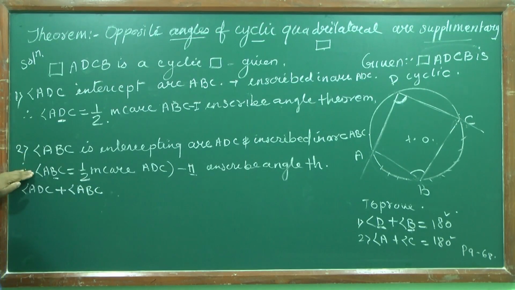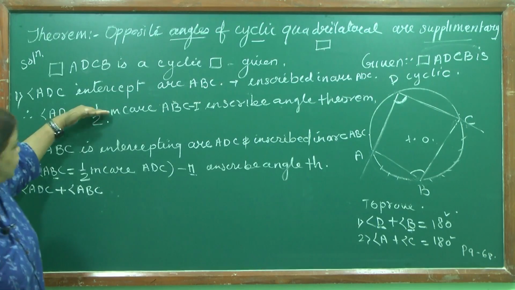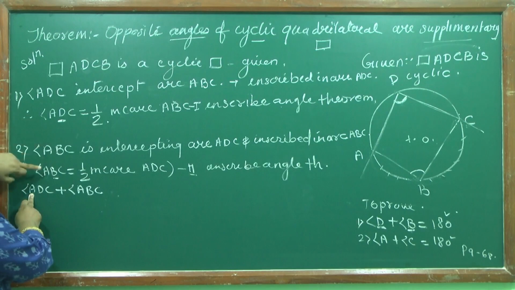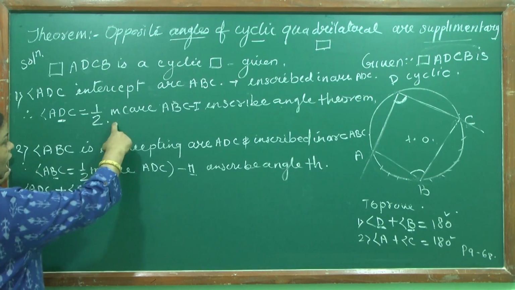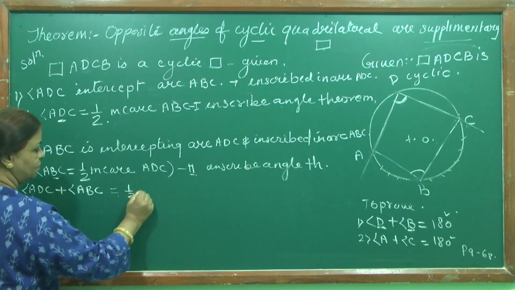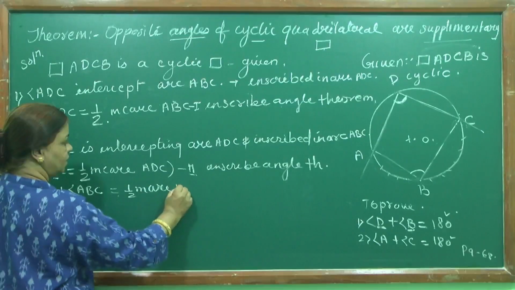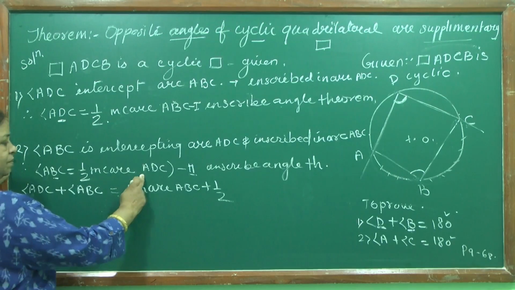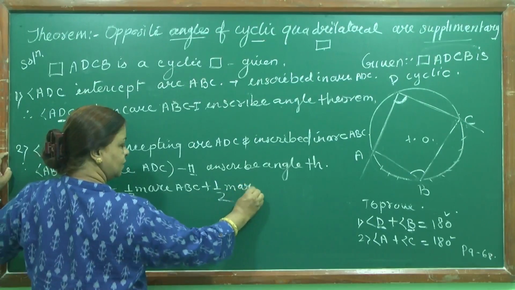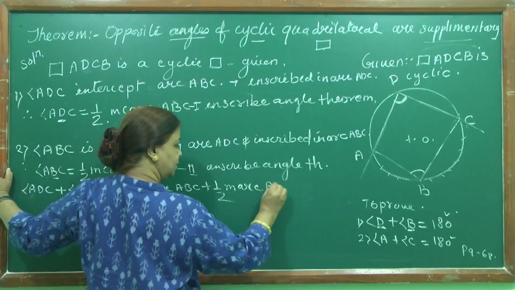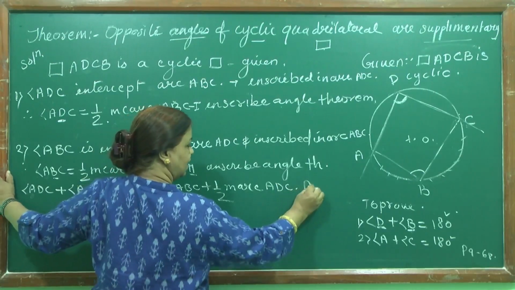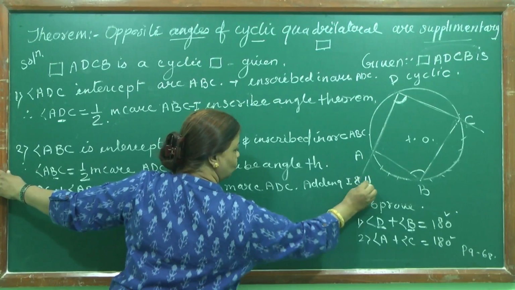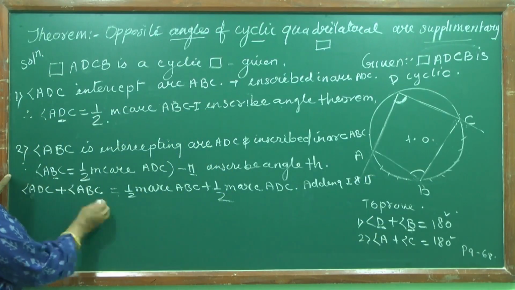Left side will be added to the left side and right side to the right side. So angle ADC plus angle ABC is equal to half of measure arc ABC plus half of measure arc ADC, adding 1 and 2.